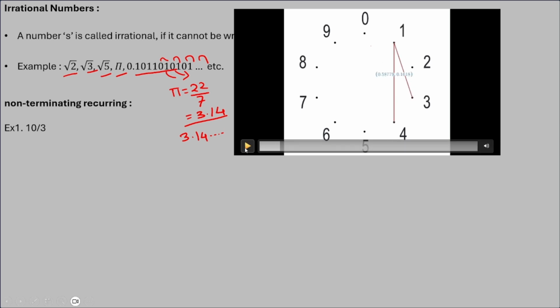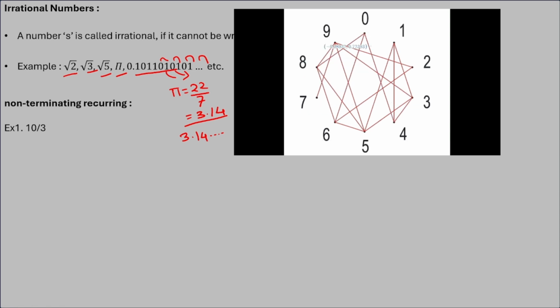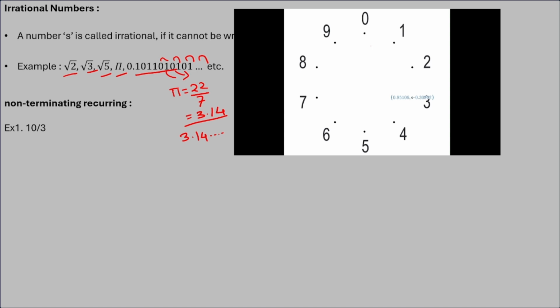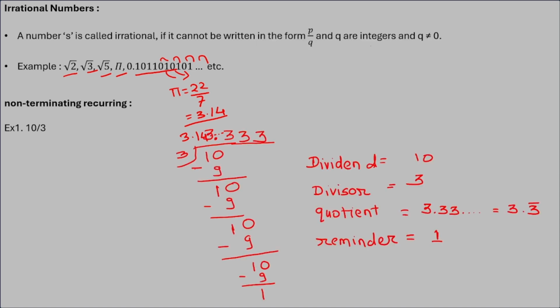Look, start with 3, then 0.14, then 5, 9, 2, 6, 7, 8, 0, and it is continuously changing. So that's why we cannot write it in p by q form, and that's why pi is an irrational number.